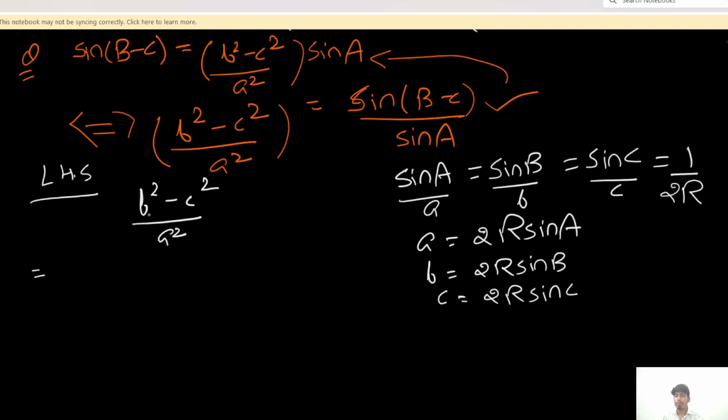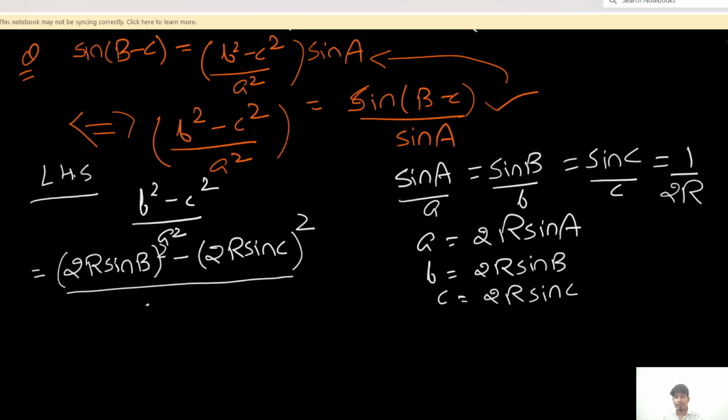Put the values of b, c, a here: 2r sine B, and here square. Then 2r sine C, here also square. And this is a square. a square means 2r sine A squared.